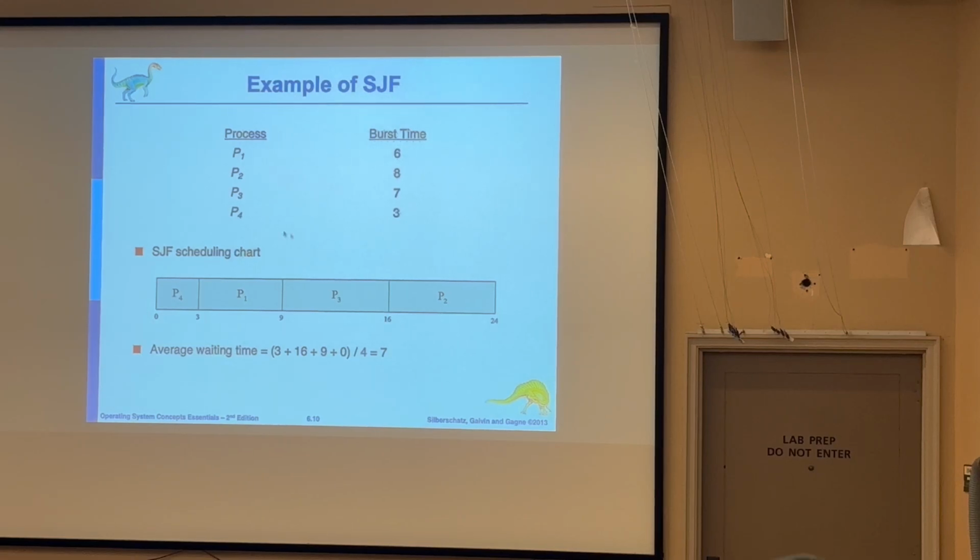We will schedule P4 first, right, because it has the shortest burst time, and then P1, and then P3, which has 7, and then P2, which has 8. Very intuitive. Okay, so the average waiting time is 3 plus 9 plus 16 plus 0, right? P4 did not wait for anyone. Okay, average waiting time is 7.